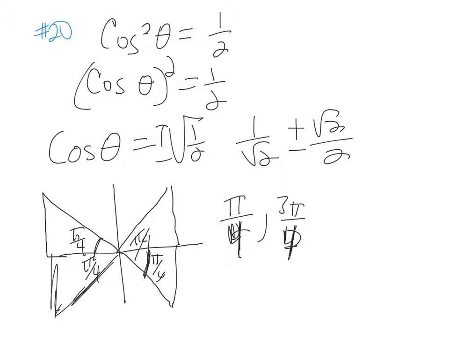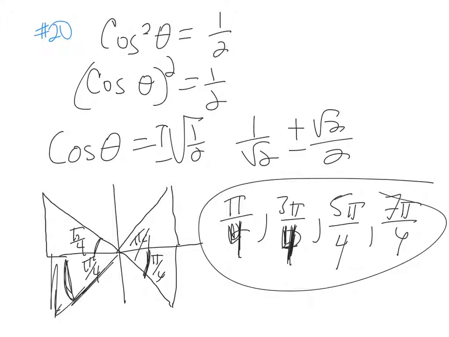Those should be over 4. And then this one down here will be a 1/4 of pi more than pi, so that's 5/4 pi. And then this other one will be 7 pi over 4. And those are the 4 solutions for this.